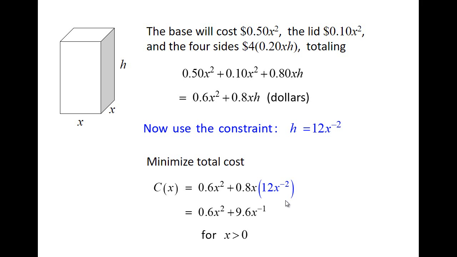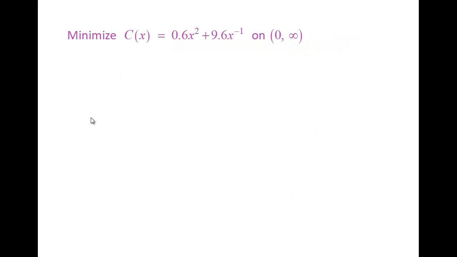And we can require that x is positive here because x couldn't be negative, since we are talking about the length of a box. So now we have to minimize the cost function on the interval from 0 to infinity.